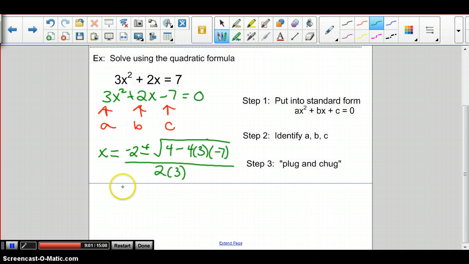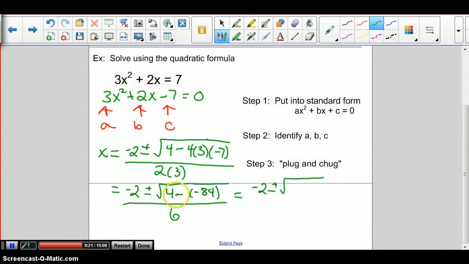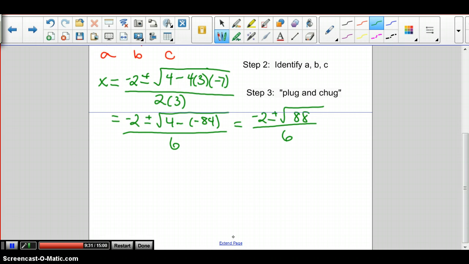Next we're going to get negative 2 plus or minus the square root of 4 minus negative 84, all over 6, which is equal to negative 2 plus or minus the square root of, so this minus a negative turns this into positive. So we add, square root of 88 all over 6. Now don't be afraid of that big 88.